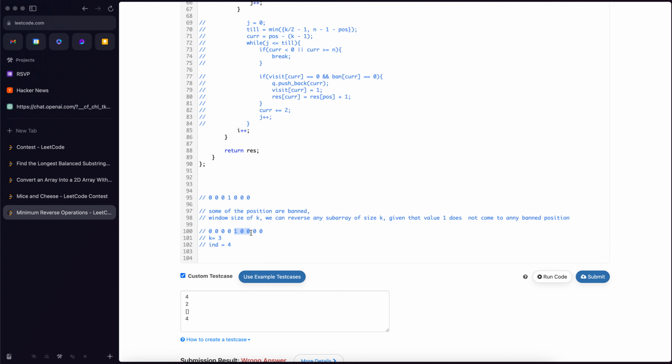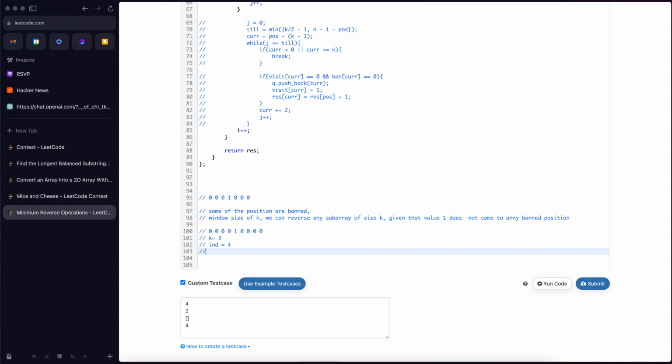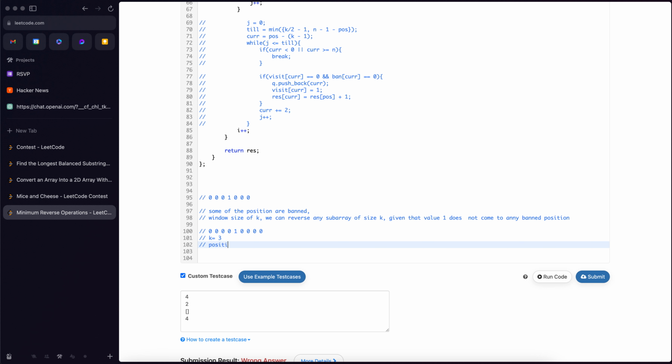Now if we pick these 3 and reverse it, we would be able to get the 1 at position 6. Positions covered means where we can take our 1. Our goal is to find the minimum number of reversals to get 1 at any specified position. So positions covered would be 4 and 6, and similarly if we reverse this, we can get 2, so 4, 6, 2.